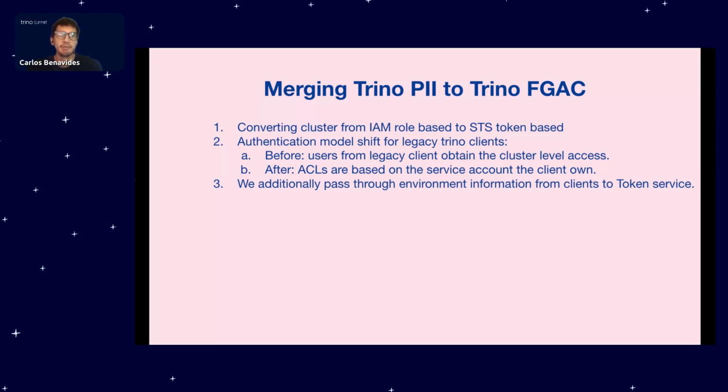The last thing from this merging was that we are additionally adding more environment information from the clients to the token service, which will help us identify who is requesting what data and from where.